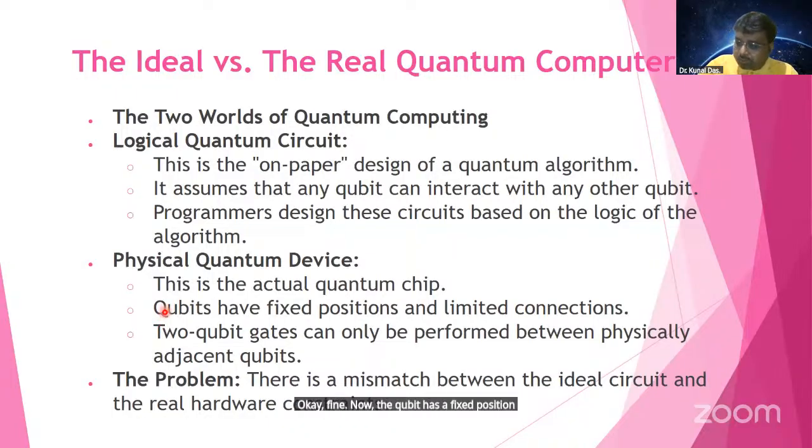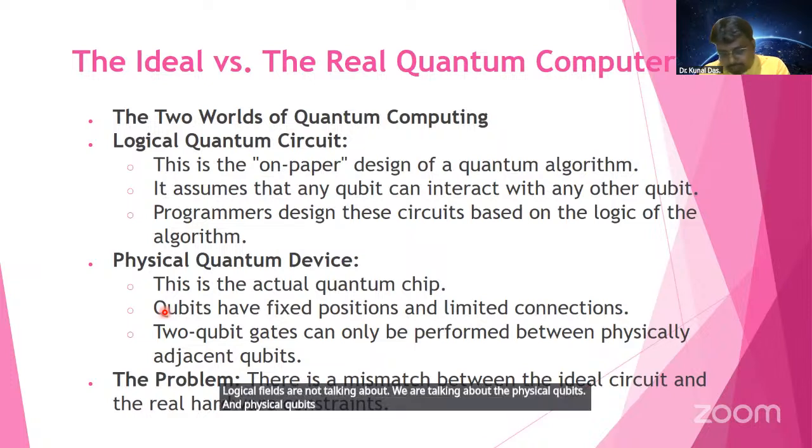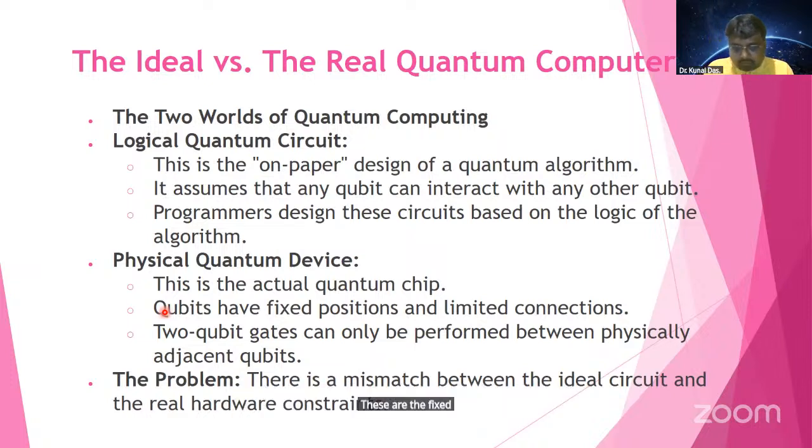So what are we talking about? Logical qubits are not what we are talking about. We are talking about the physical qubits, and physical qubits and connectivity. These are fixed. Now, the few qubits we have considered logically and physically may not be directly connected, because in a large circuit we found that some two qubits are not physically connected.